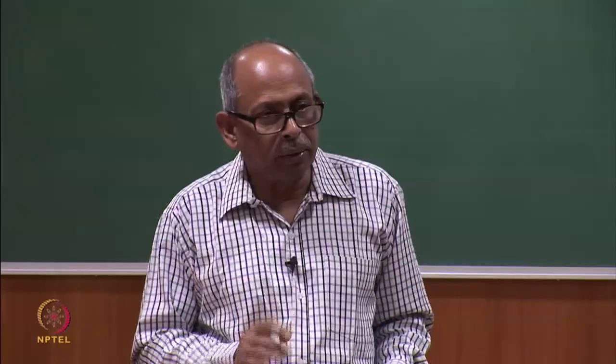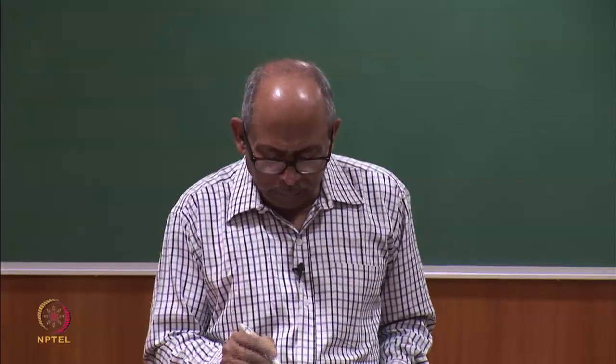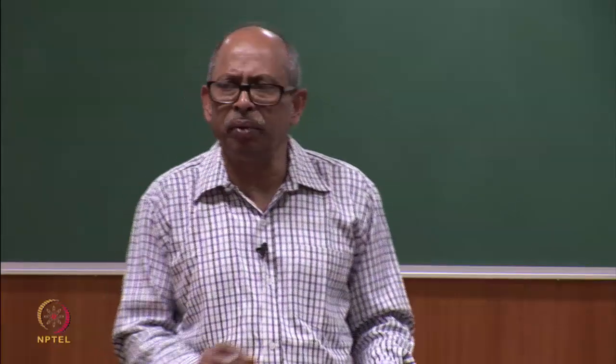Let us say it comes out to be another 1000 or something of that order, roughly 1/3. This would be n into V, so it will be somewhere around 750 or something, not a large value.